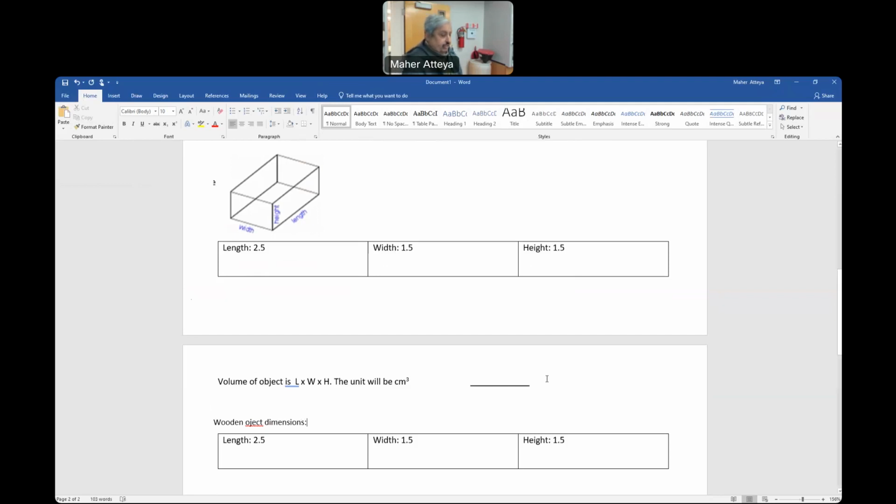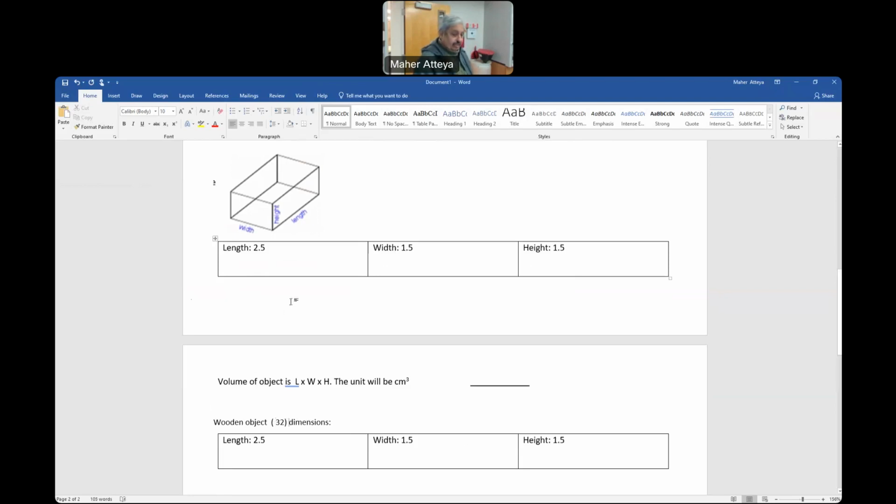So you measure all this here, and the object here, the wooden object, you have to put the number here. What's the number? Number 32.